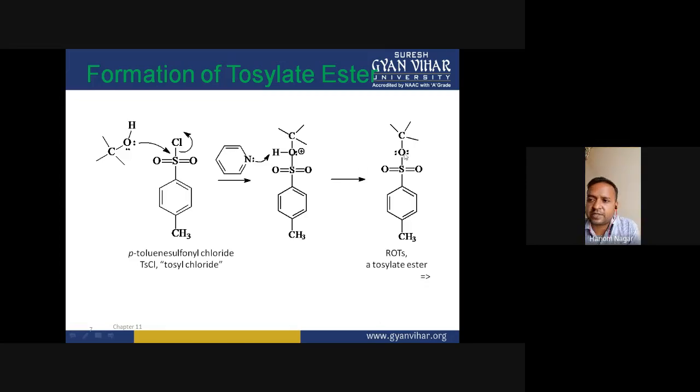Just like the same structure, here sulfur is in place of carbon, so this is RSOOR. So this is a kind of ester. But since it is formed by the reaction of the tosyl group with the alcohol, it is called a tosylate ester.